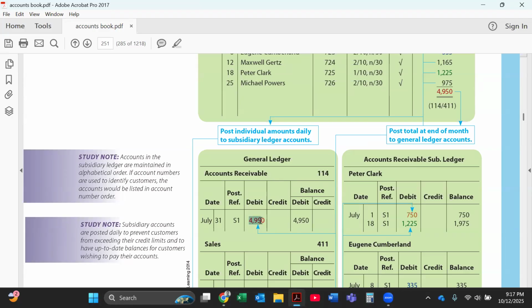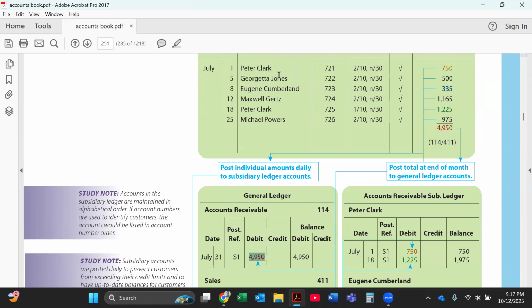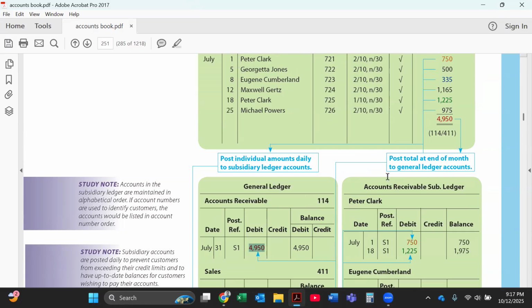Yes, the total accounts receivable is 4,950, but there are going to be one, two, three, four, five different accounts that come back to that 4,950 if we wanted to figure out how much Peter Clark owes or how much Georgetta Jones owes.